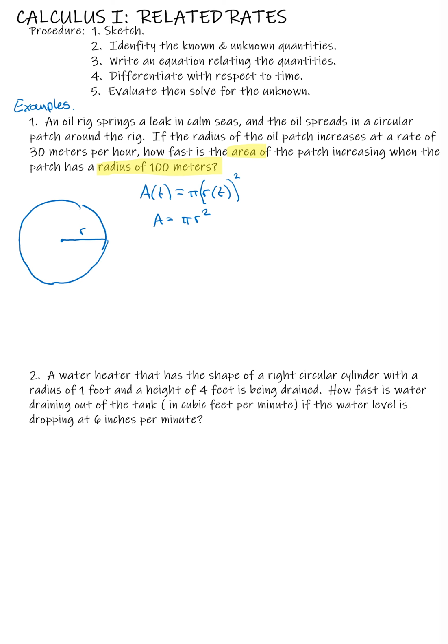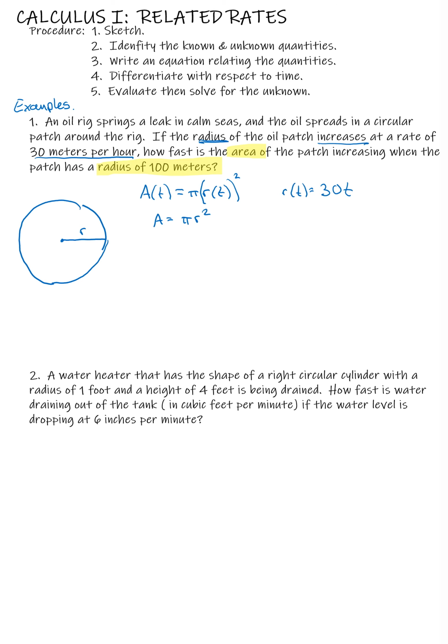Now, since the radius is a function of time, we can actually write this one out as well. We see that our radius increases at 30 meters per hour, so we can write this as 30t. For every hour, it's going to increase 30 meters.